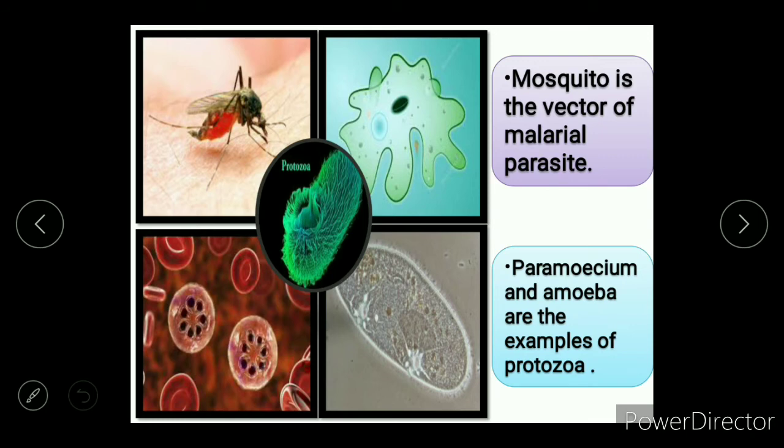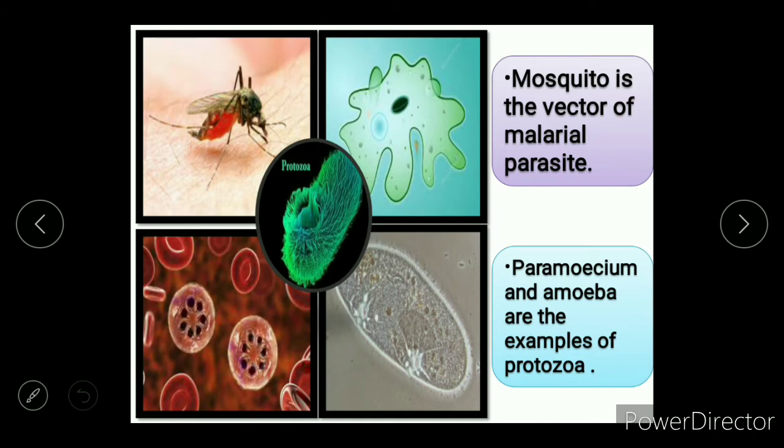So why is it just the Anopheles mosquito, not the Aedes mosquito, that takes blood? That is a big question. The answer is simple: Anopheles mosquitoes need blood to produce eggs, and that is why they are affected by protozoa.